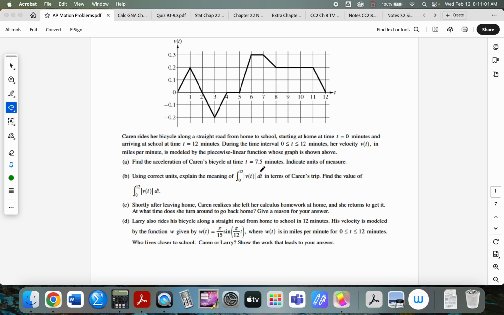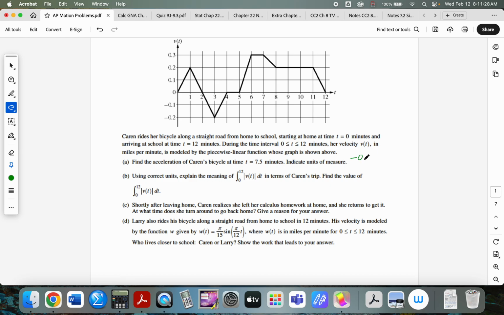Indicate units of measure. So from velocity, how are we going to find acceleration? We're going to find the slope, because acceleration is the derivative of velocity, and the derivative is the slope. So the slope, this goes down 0.1 and to the right 1.